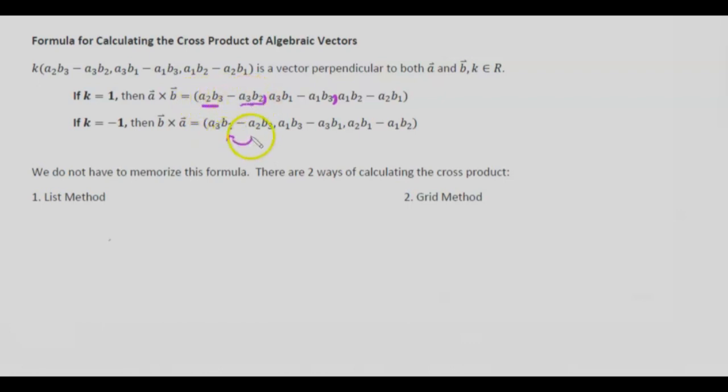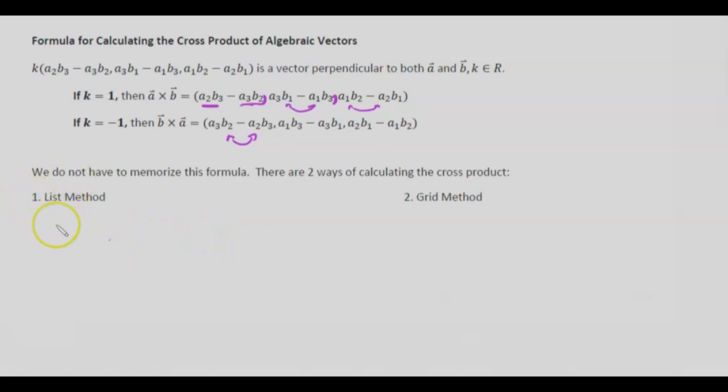Well, this time it's just the opposite: A3B2 minus A2B3. Then these two would get switched and these two would get switched. So there's 2 different formulas for this. You don't have to memorize this long formula. I think it's better just to understand where we get this from.